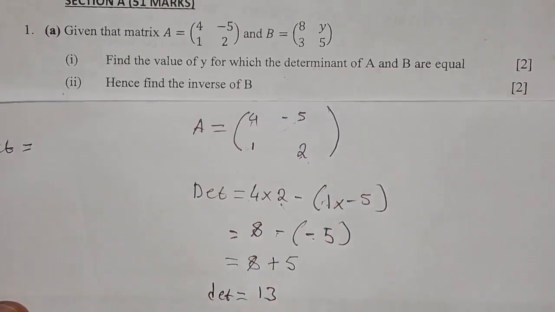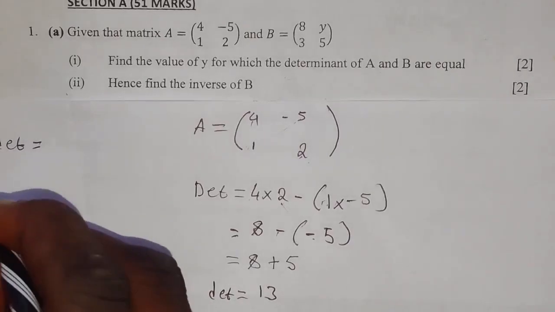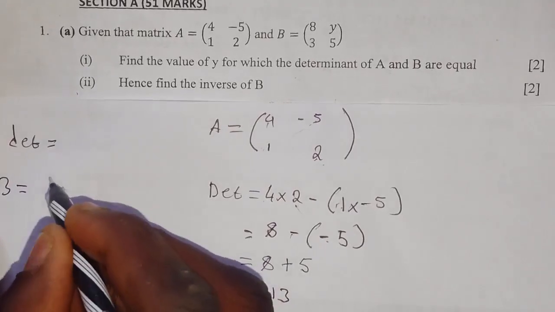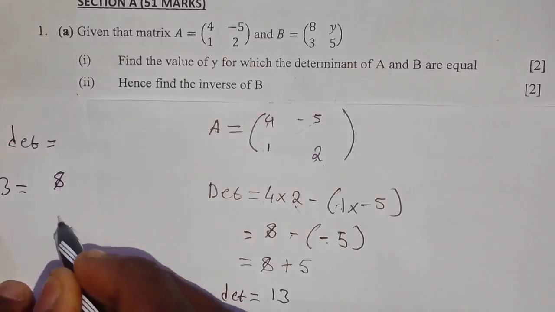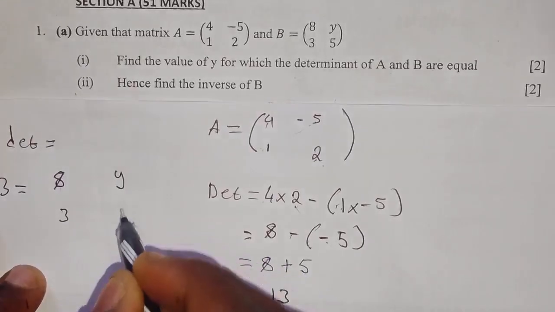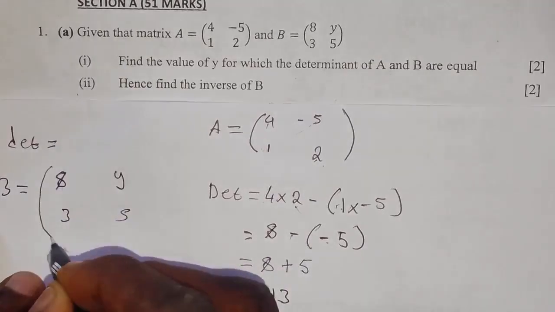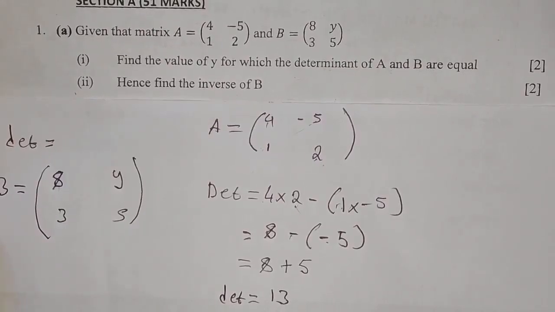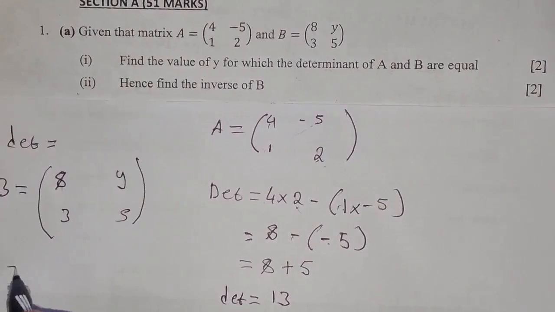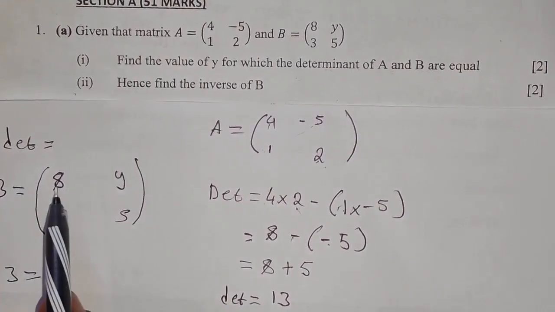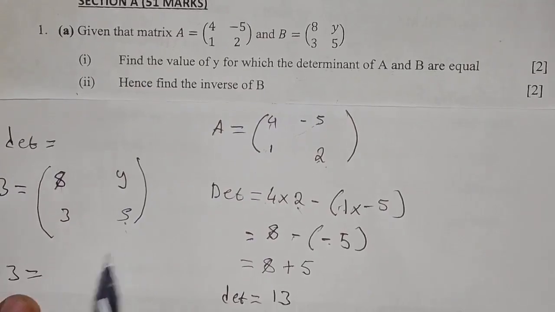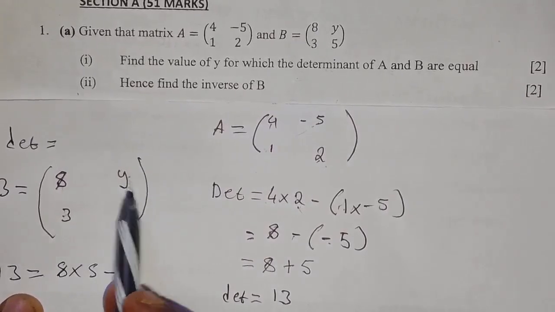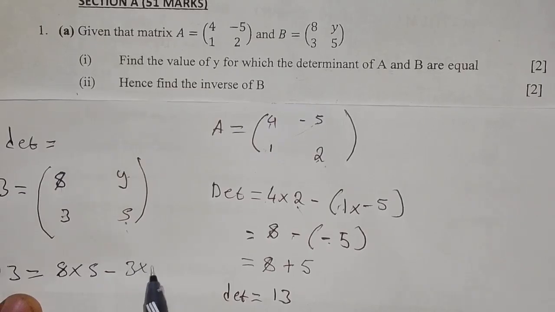So let's now get matrix B. We have 8, 3, y and 5. Since the determinant of B is 13, we have 13 equals 8 multiplied by 5, minus 3 multiplied by y.